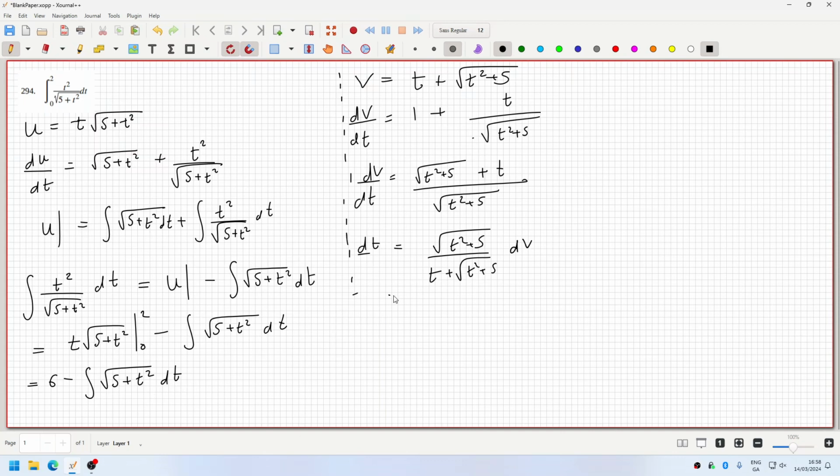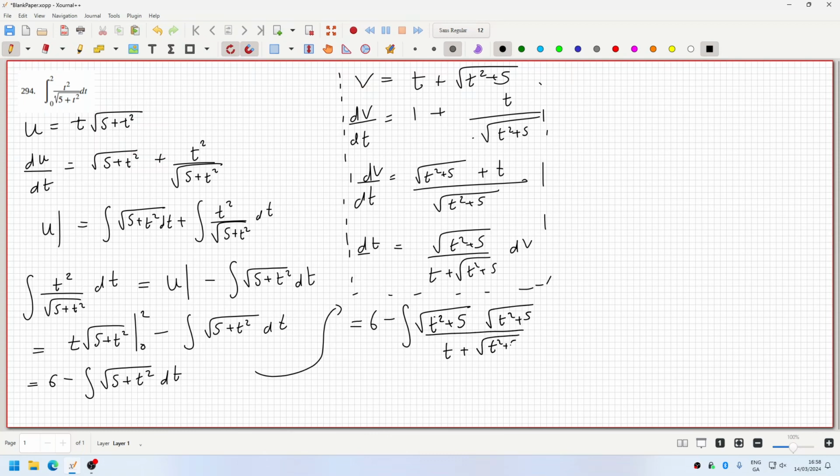Now that we have that sorted, we can go back here. So that would equal 6 minus the integration of root t squared plus 5 dt, which is root t squared plus 5 over t plus root t squared plus 5 dv.